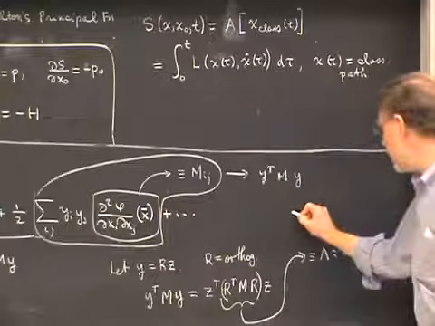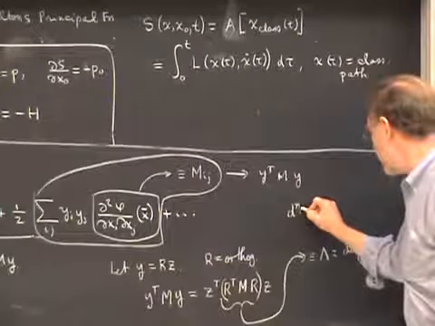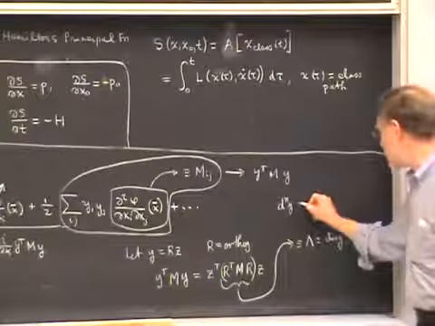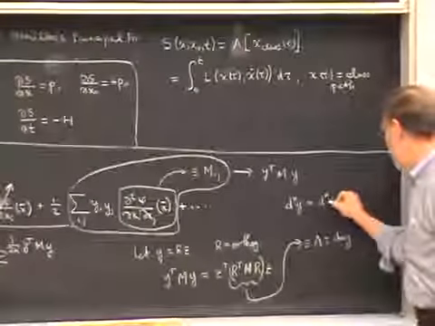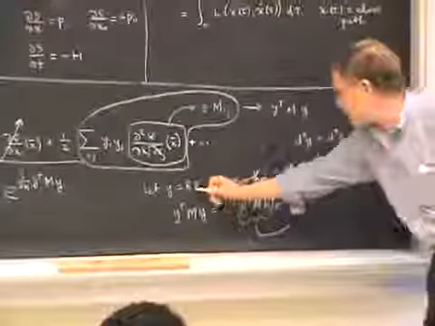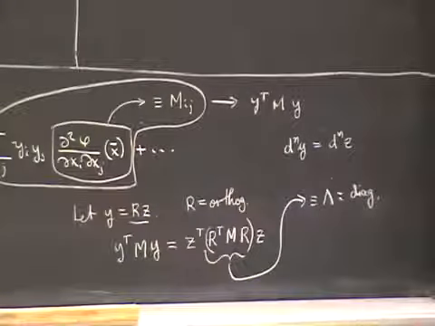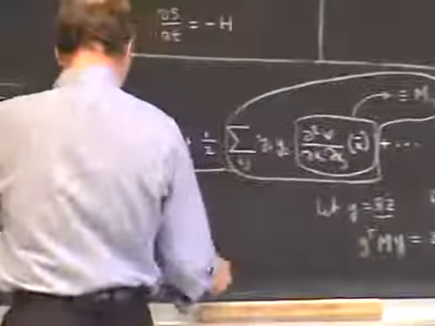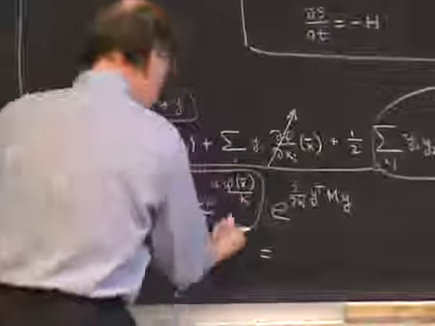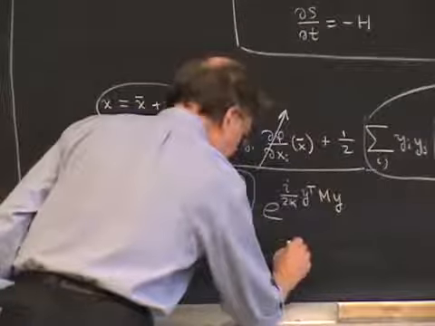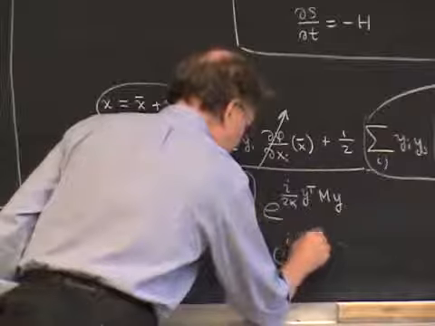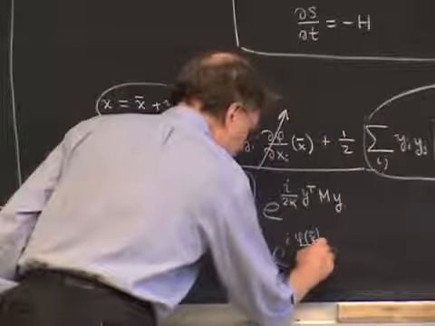Also, let's note something else, which is that the Jacobian, or the volume element d^n y, is the same thing as d^n z, because the orthogonal matrix here, which occurs in the coordinate transformation, has a determinant which is 1. And so the remaining integral here, if I have space to write it down, is first of all this constant factor, e to the i phi of x bar over kappa.